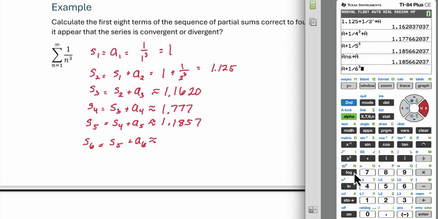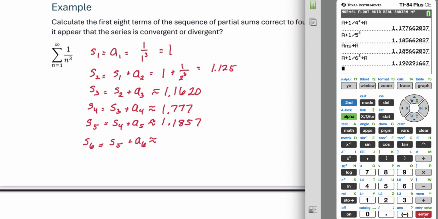And I'm going to store that back in A. This time we get 1.1903. S7 is S6 plus A7. Alpha A plus 1 divided by 7 cubed.